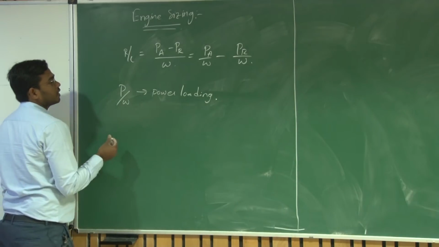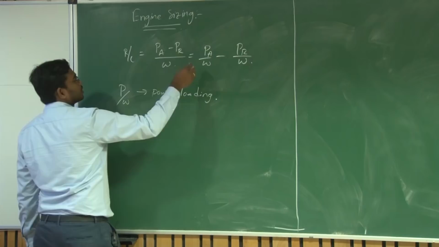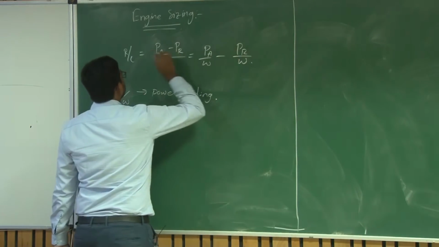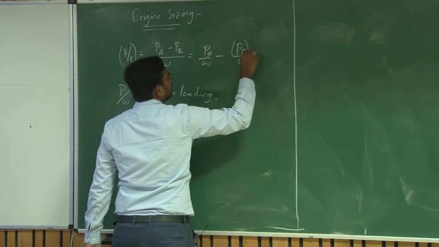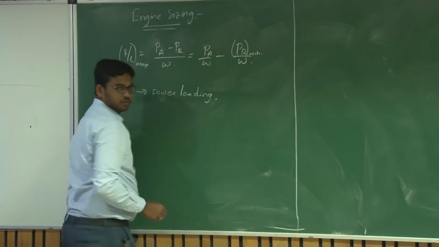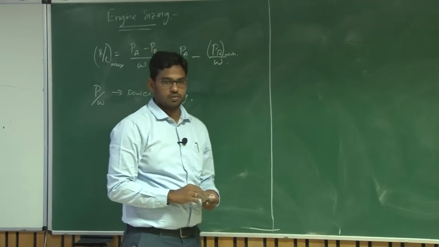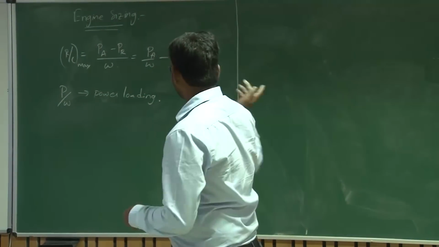Now the rate of climb depends upon the specific excess power. So for the maximum rate of climb, I need the minimum power required. Can we prove that?